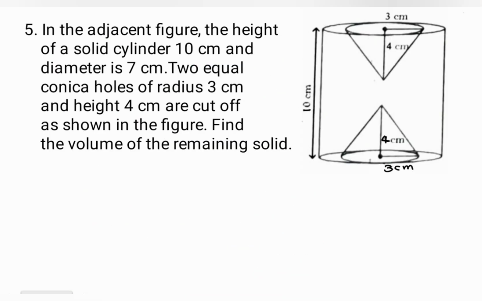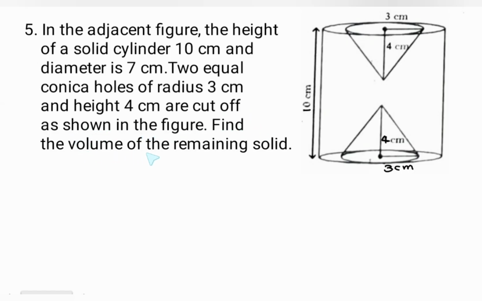In the adjacent figure, the height of a solid cylinder is 10 centimeters and the diameter is 7 centimeters. Two equal conical holes of radius 3 centimeters and height 4 centimeters are cut off as shown in the figure.